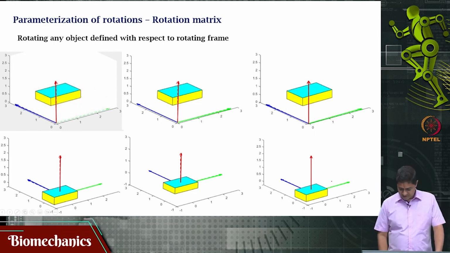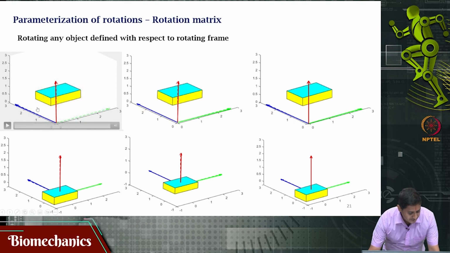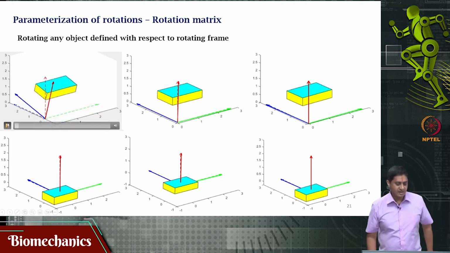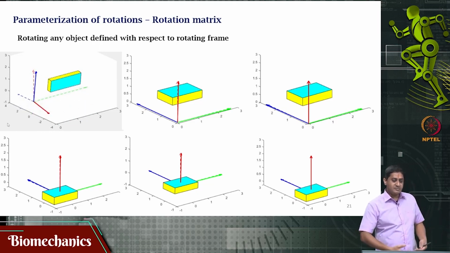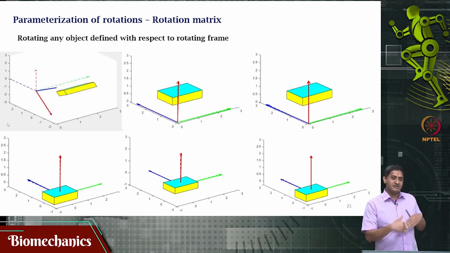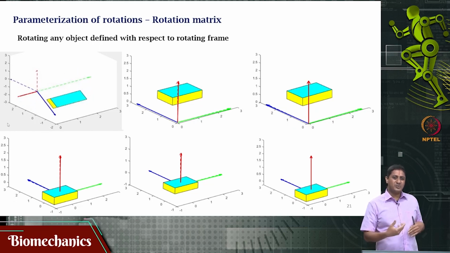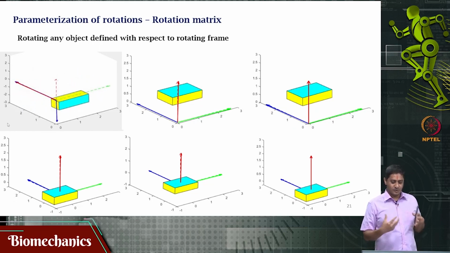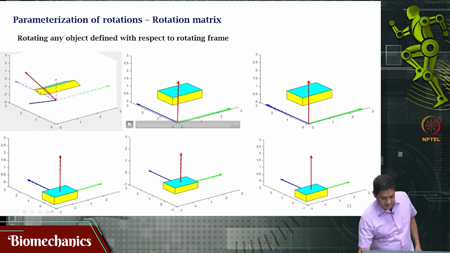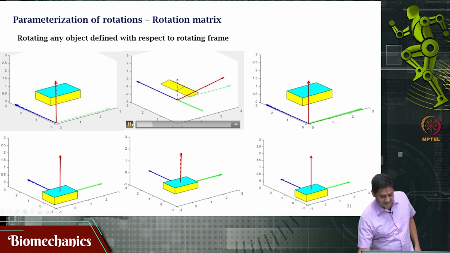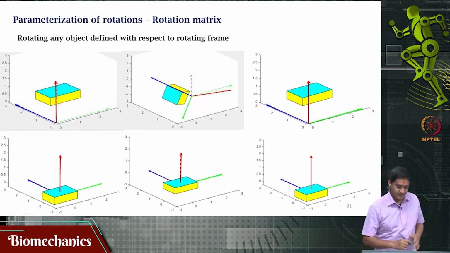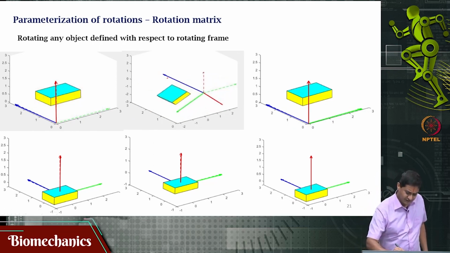This object is rotating and it appears like its orientation is not changing. The frame itself is rotating, and the object is rotating along with the frame. It is undergoing a pure rotation. Here again there is an object undergoing a rotation about this axis, the blue axis, whatever axis that is.